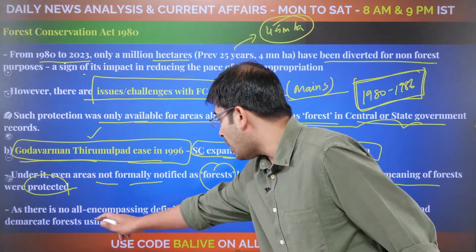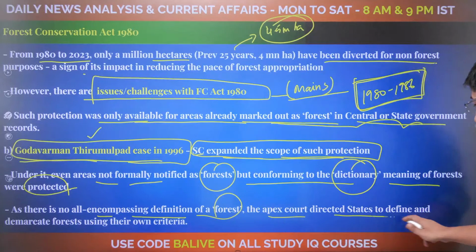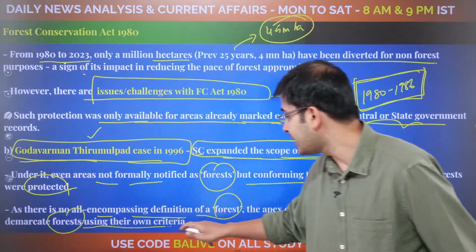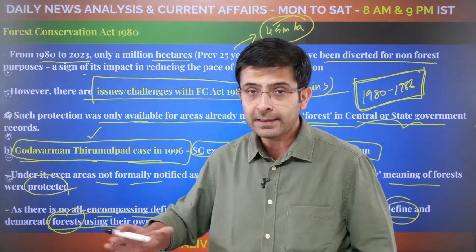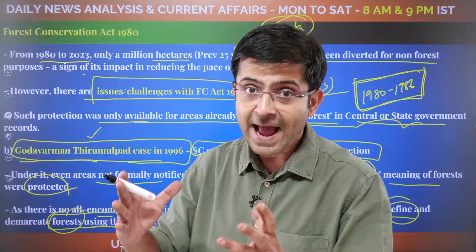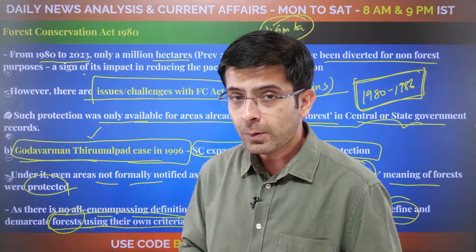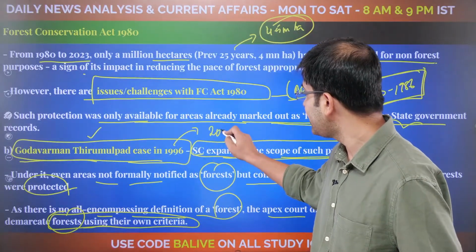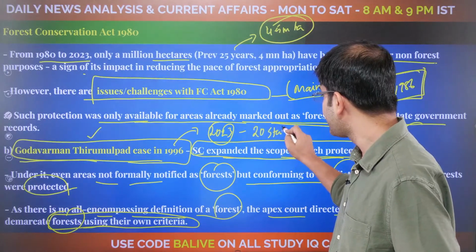So as there is no all-encompassing definition of a forest, the Apex Court directed states to define and demarcate forests using their own criteria. That the states were to determine the definition of forests as per their own geography, their own topography. However, what you realize is that since 1996 up until 2023, close to 20 states have taken no action on this.